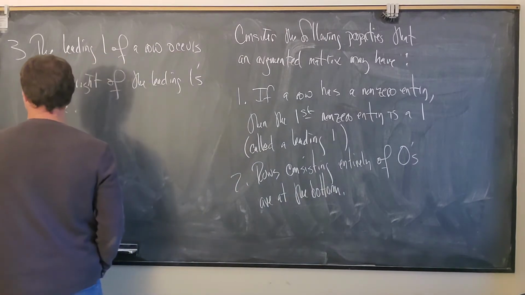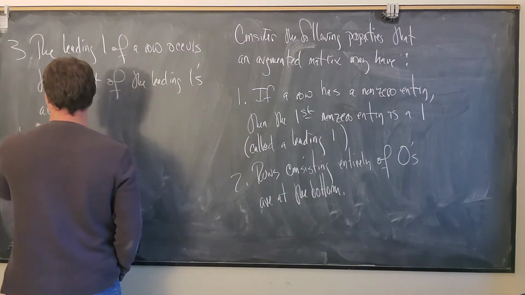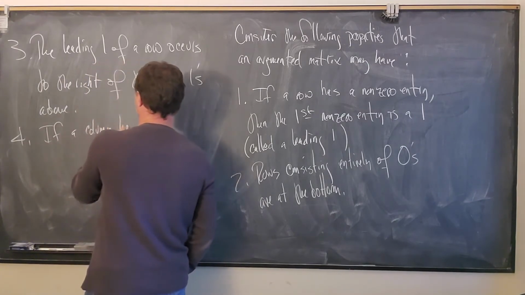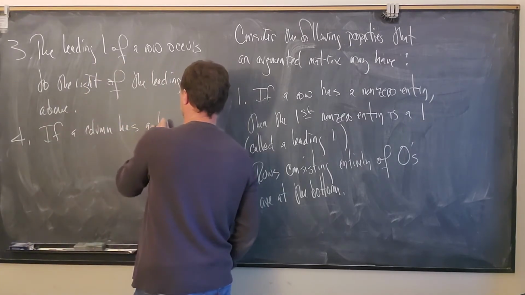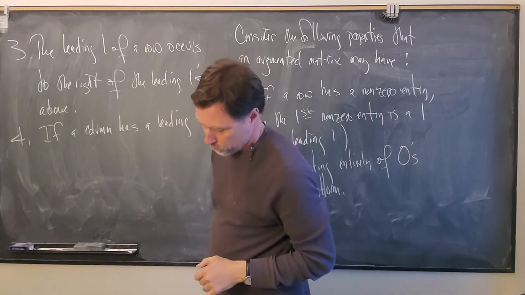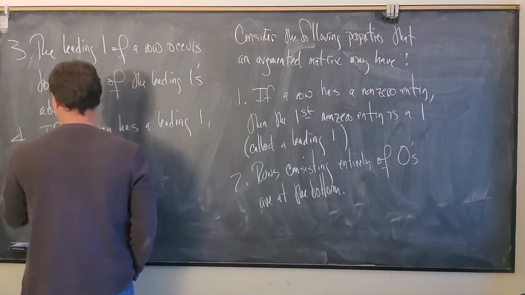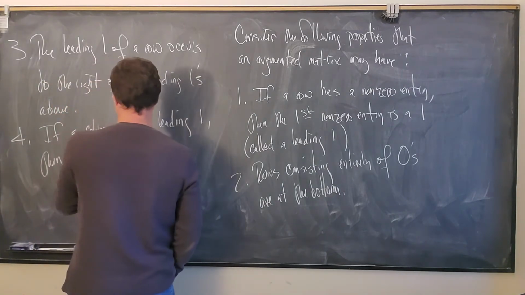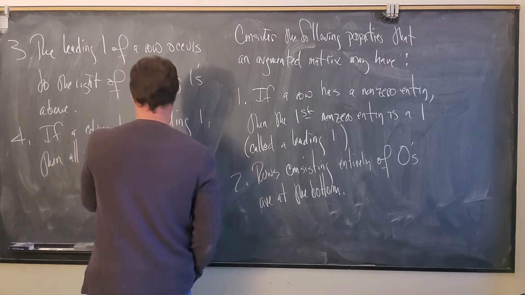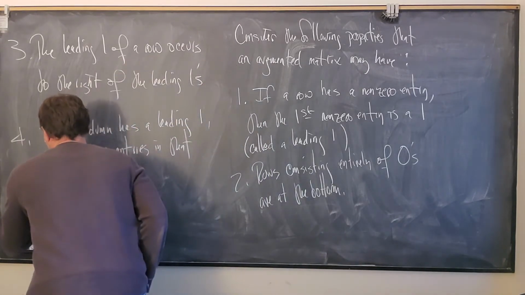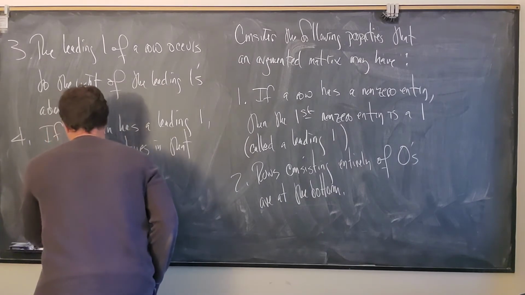And the last property: if a column has a leading 1, then all other entries in that column are 0.